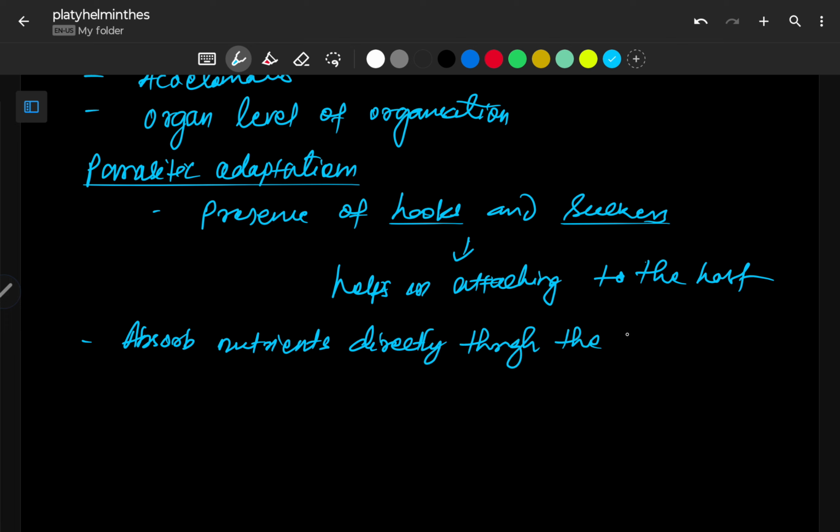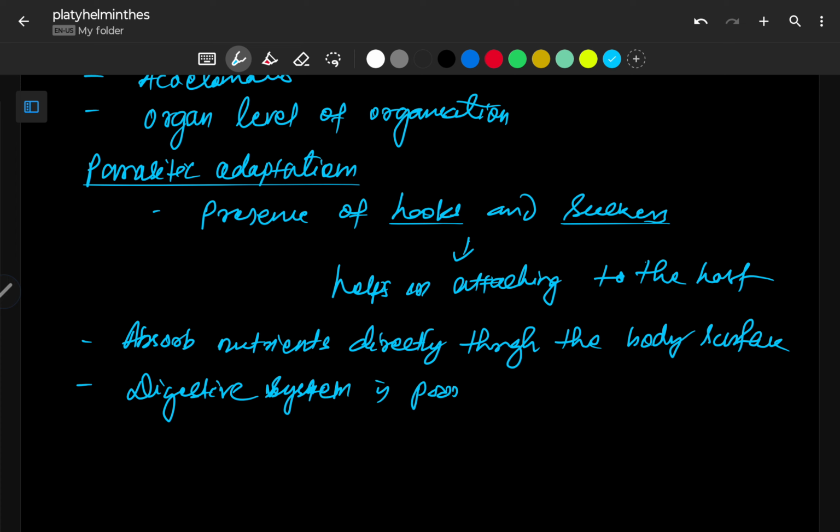Because they are getting the direct digested food from the host, their digestive system is poorly developed or absent.